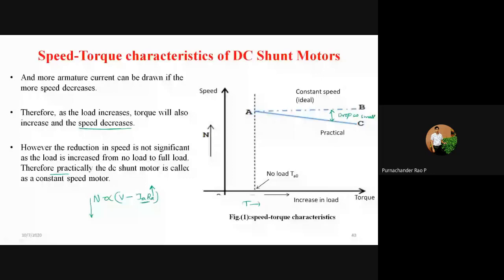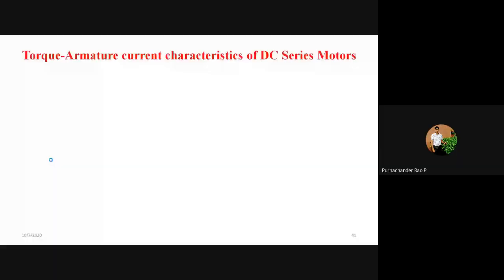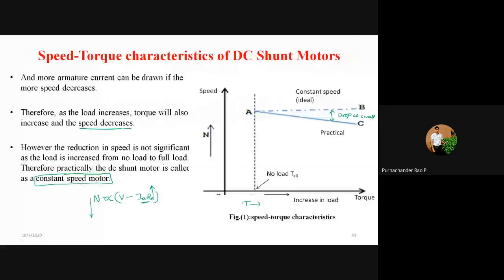The DC shunt motor is called a constant speed motor because the drop in speed is very, very small as the load increases on the motor. So this is about the characteristics of the DC shunt motor.